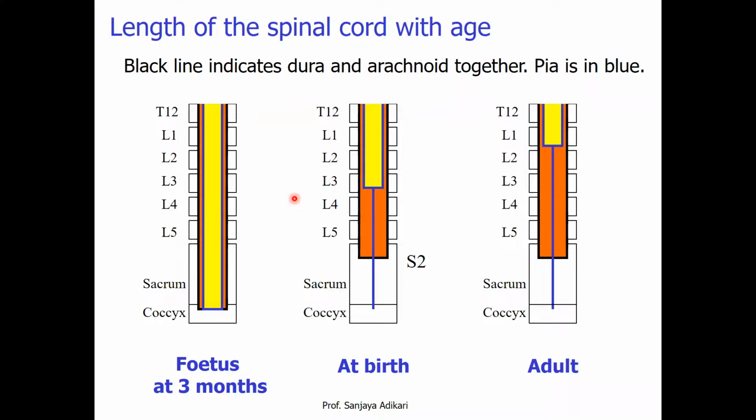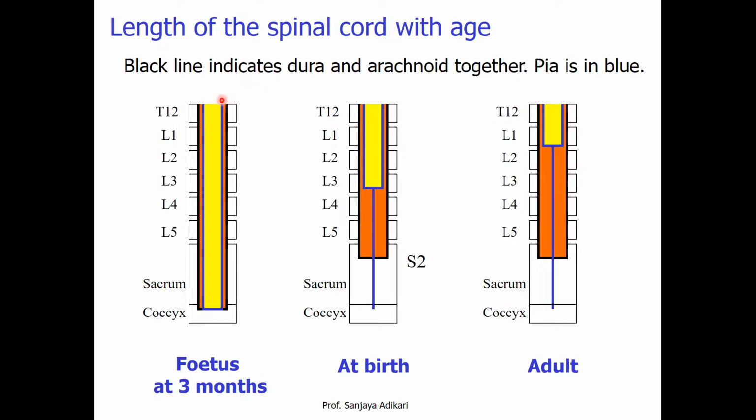Now, first try to understand this diagram, which is very diagrammatic. These represent the vertebrae. T12 to L5 vertebrae are drawn here, and the sacrum and coccyx are labeled here. Then this black line outside is the dura mater. Actually, the black line is dura mater and arachnoid mater together.